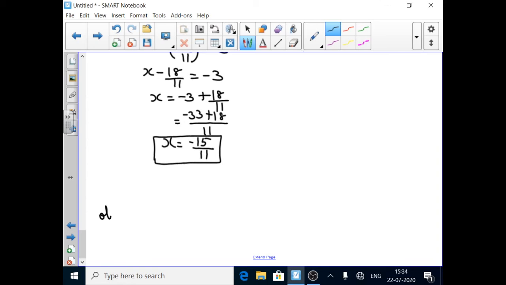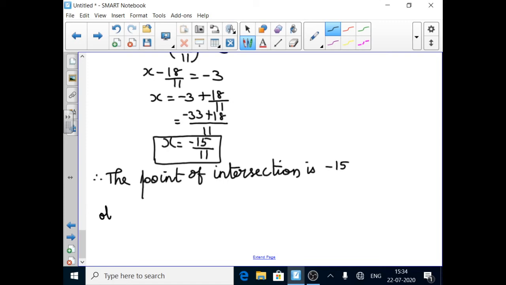So the point of intersection is minus 15 by 11 comma 9 by 11. Now we have 2 points.